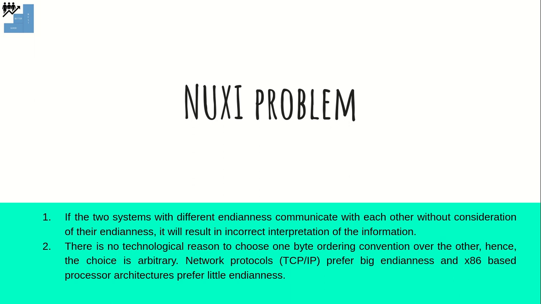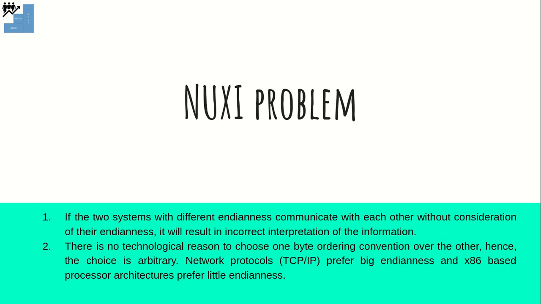So that is the NUXI problem which needs to be taken care of if the systems have different endianness. Endianness is not a problem for intra communication within the system itself.